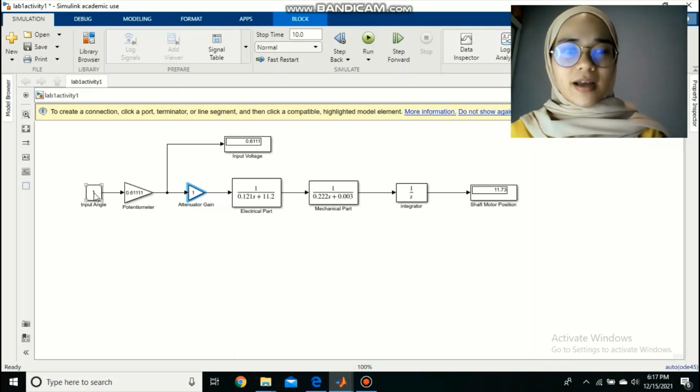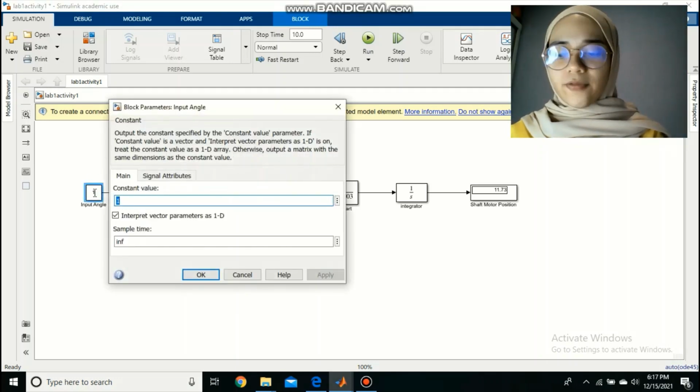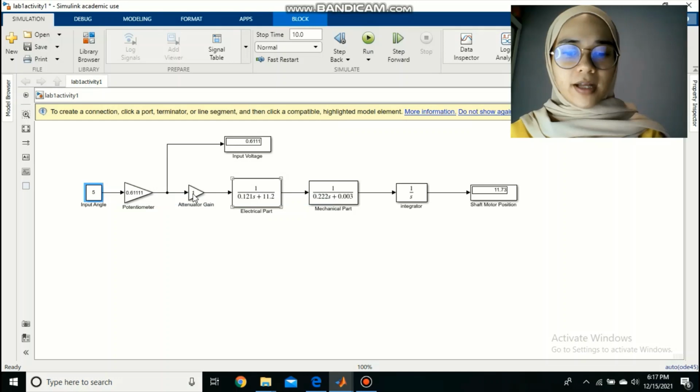Then we set our input angle at 5 and we set our actuator gain at 1. Then our potentiometer is at a positive value, which means our motor will rotate clockwise. Then we run this simulation.